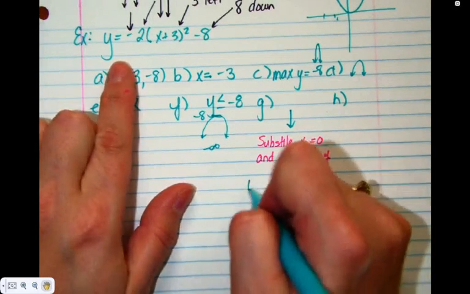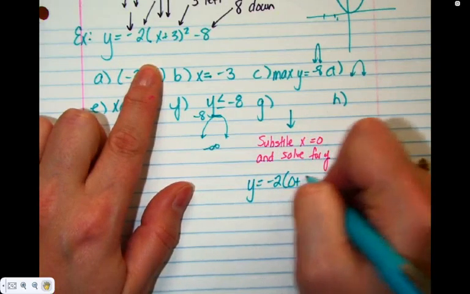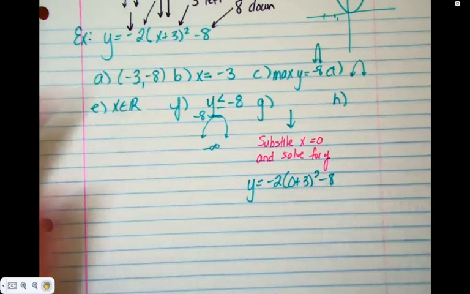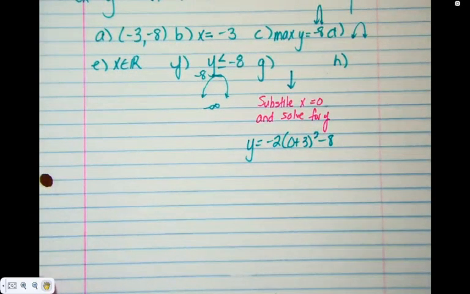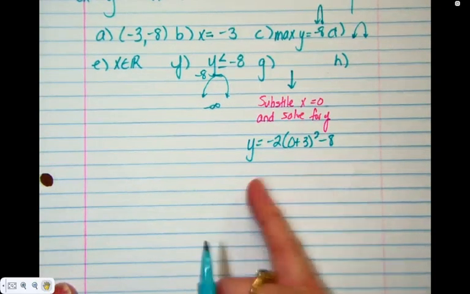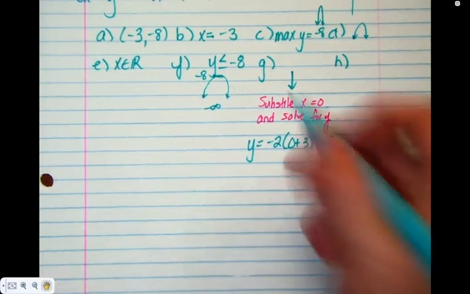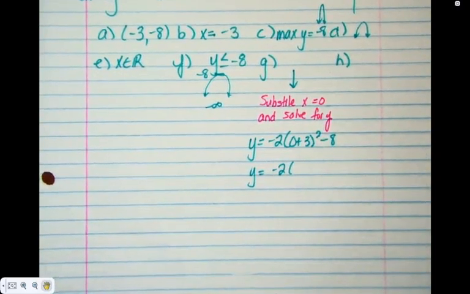So going back to the equation, I'm leaving y. I have negative 2, open bracket, 0 plus 3, squared, and minus 8. This becomes BEDMAS. What do I do first? Brackets. What is 0 plus 3?